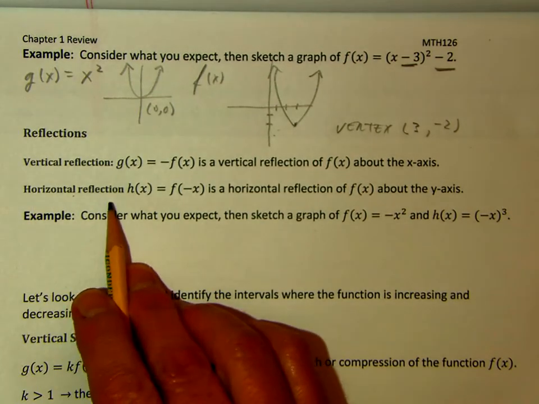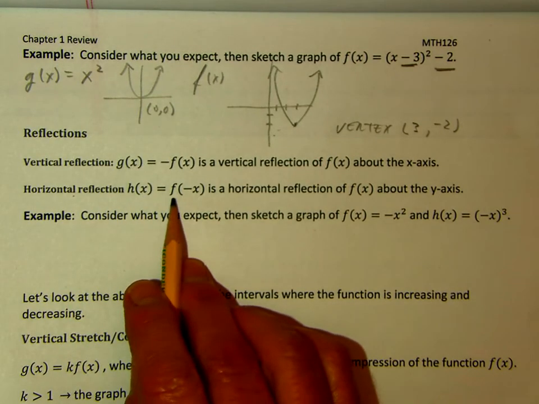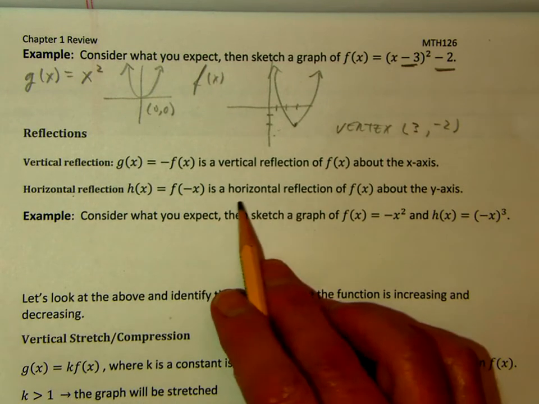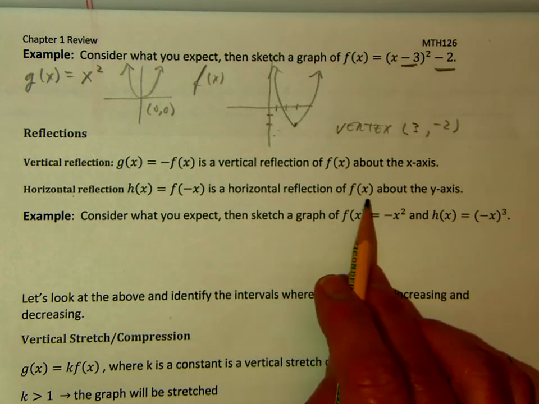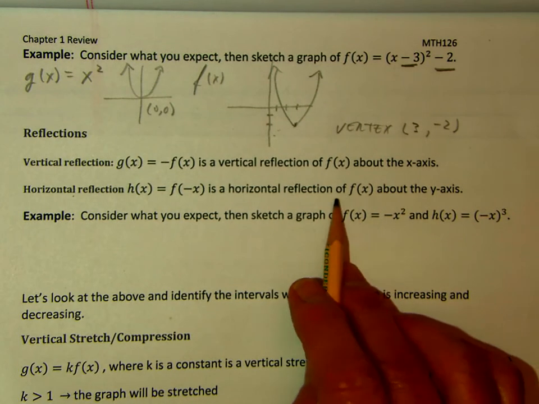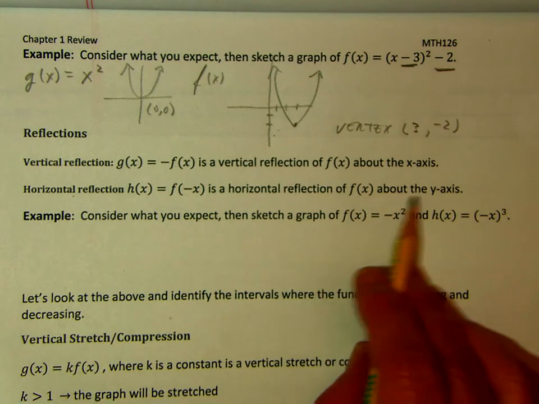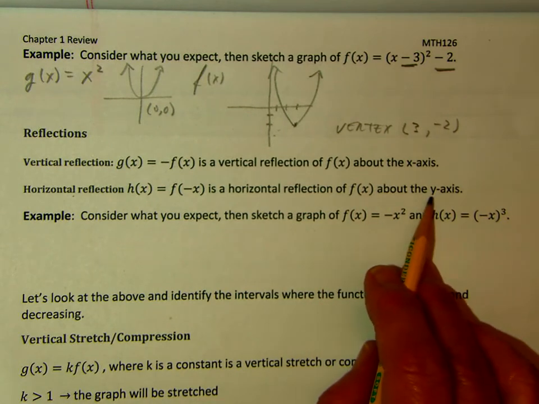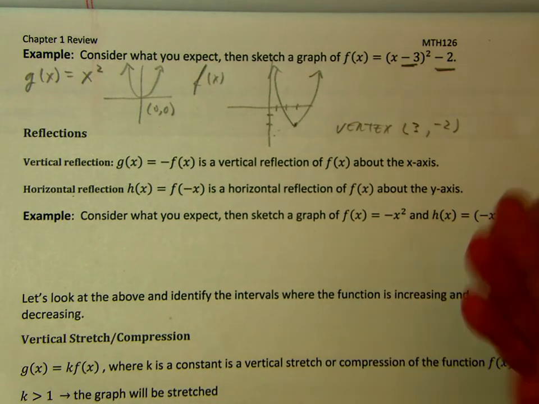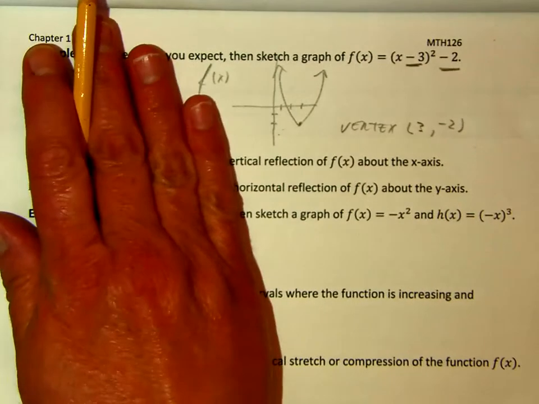Horizontal reflection. H of x equals f of negative x is a horizontal reflection of f of x about the y-axis. So we expect this to reflect this way.